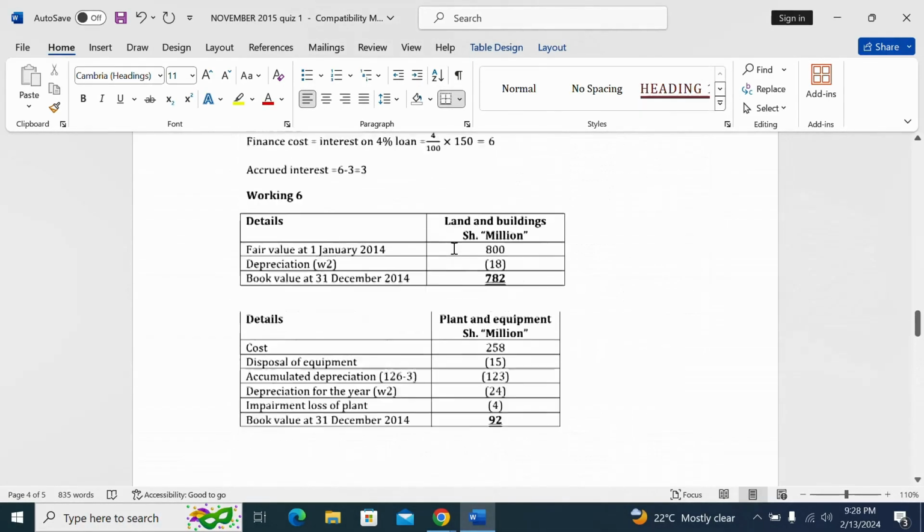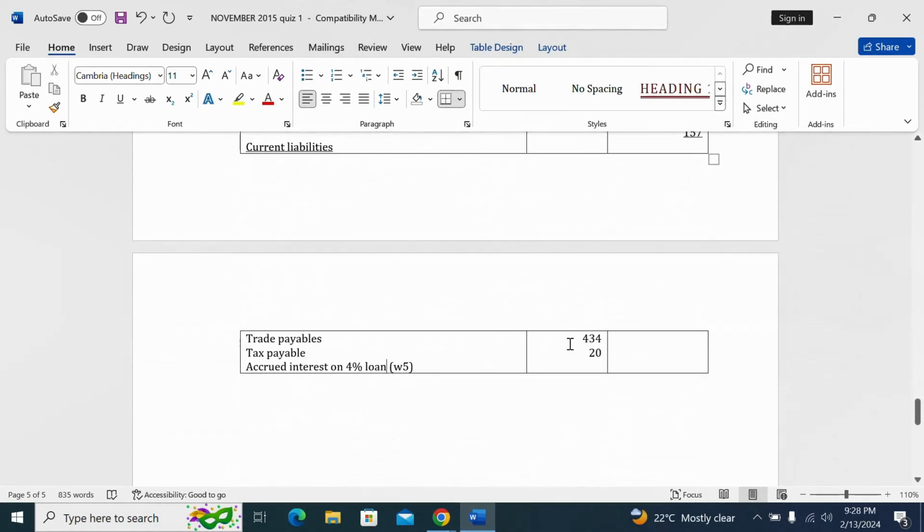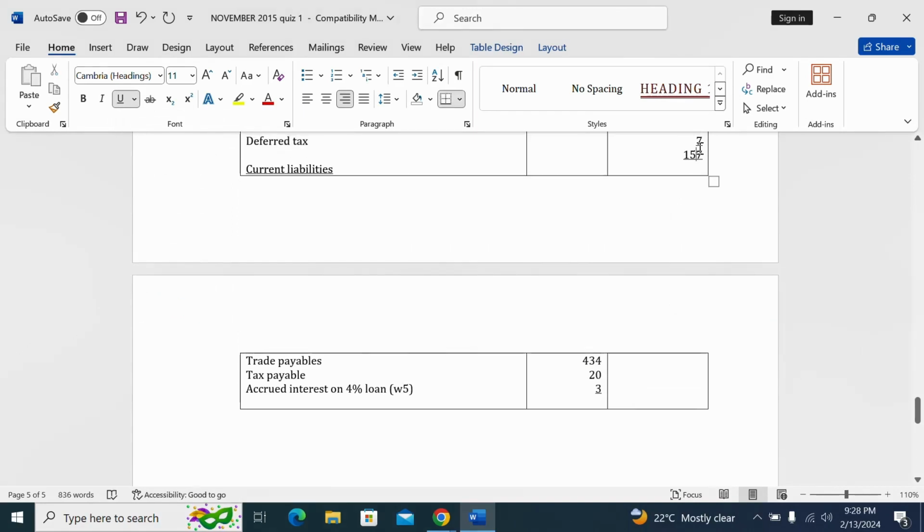The accrued interest is 3 million. If you add all of this together, you get your total current liabilities as 434 plus 20 plus 3. You're getting 457.